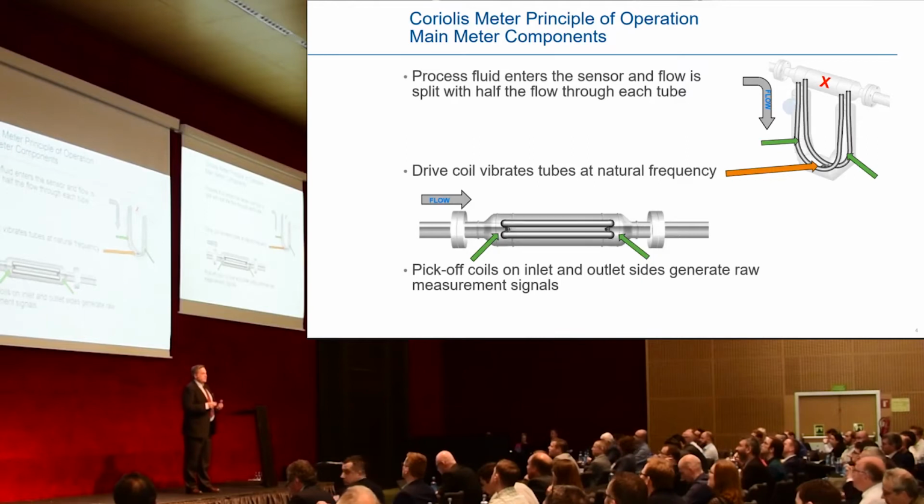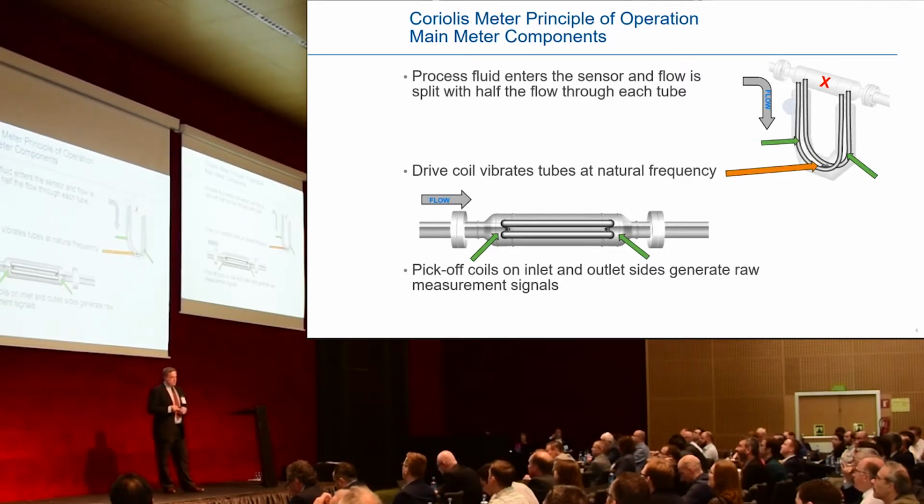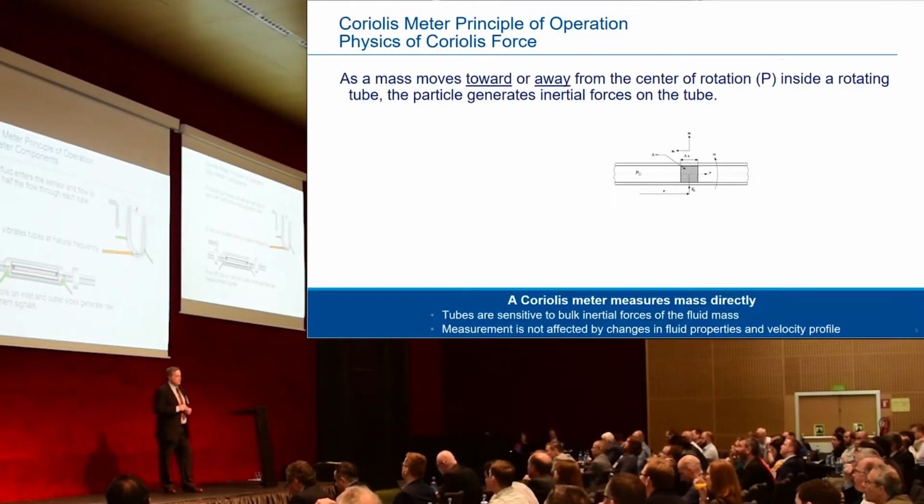In similar fashion, there's a magnet and a coil attached on either side in two separate pairs to measure the vibration of the tubes. Not to be confused with the coil and the magnet that are used to vibrate the tubes, these two coil and magnet pairs are used just to measure the vibration.